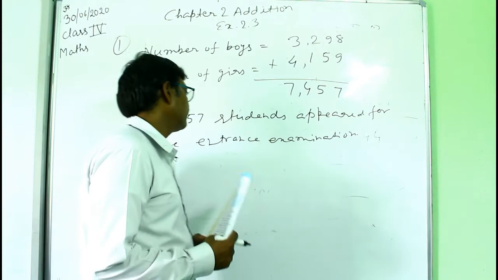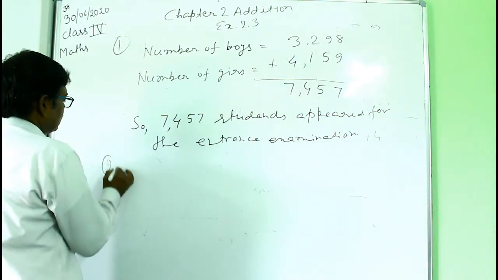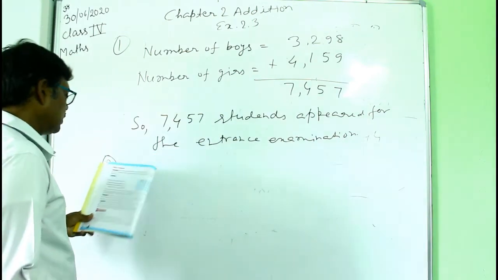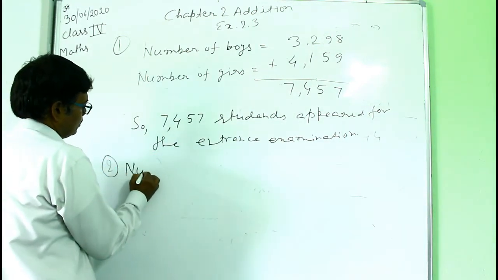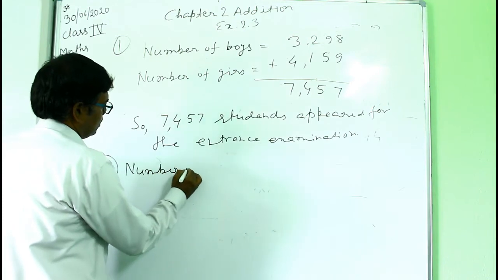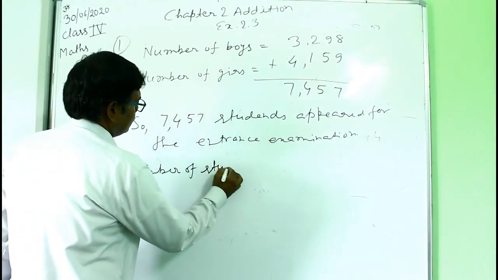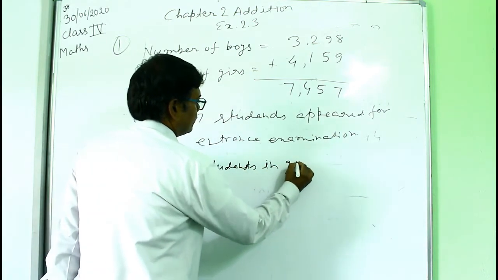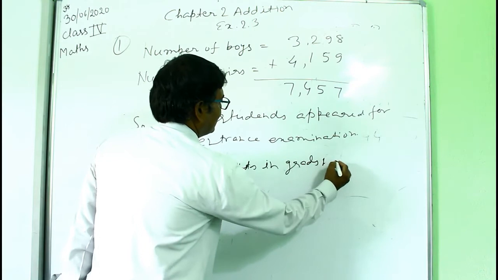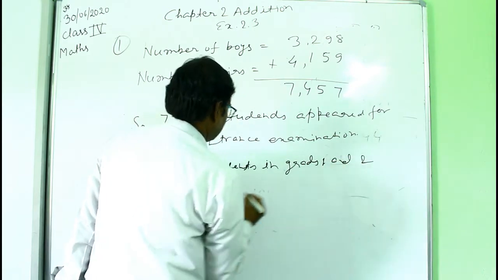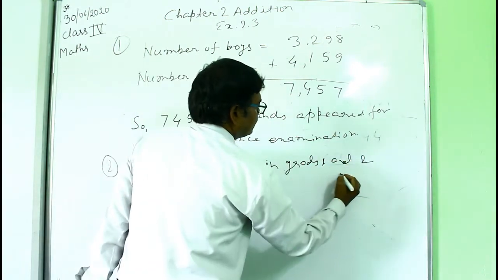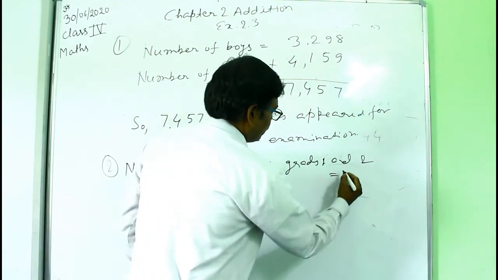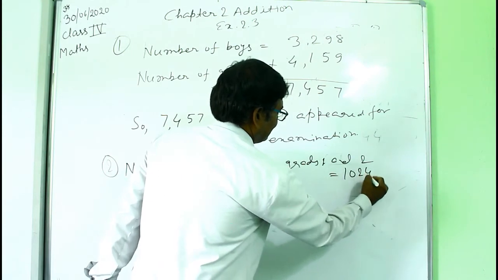So again add here. Write first the statement: the number of students in grades 1 and 2 equal to 1,024.